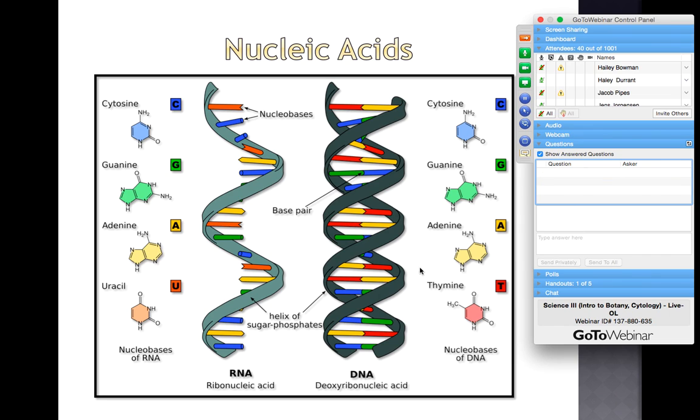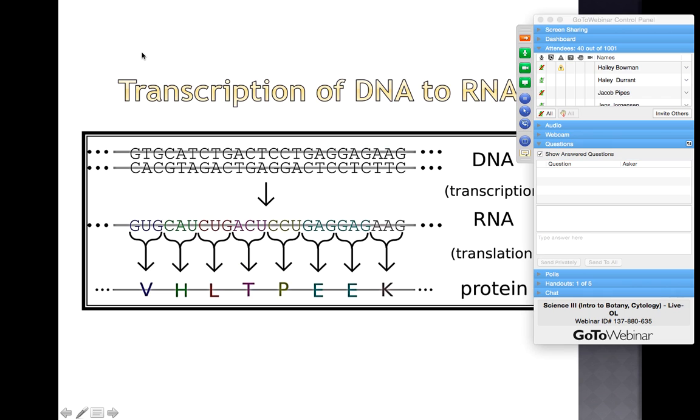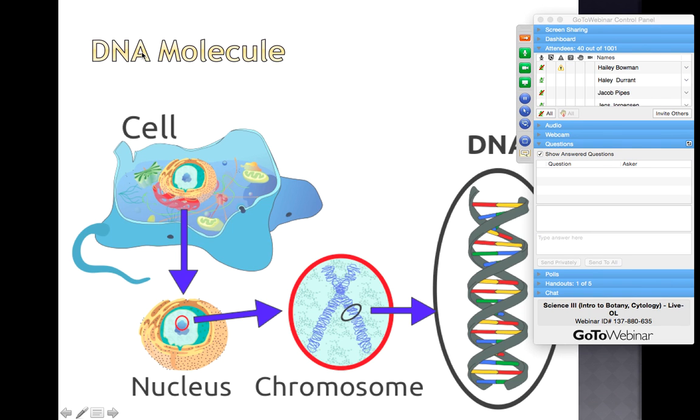Okay? So the RNA molecule travels and goes outside of the nucleus. Let me see if I can go here. All right, so inside the nucleus we have the DNA molecule, and when the RNA is produced, it goes out of the nucleus into the cytosol.